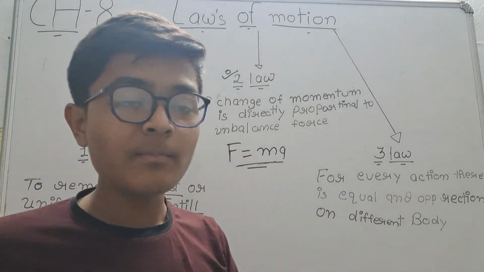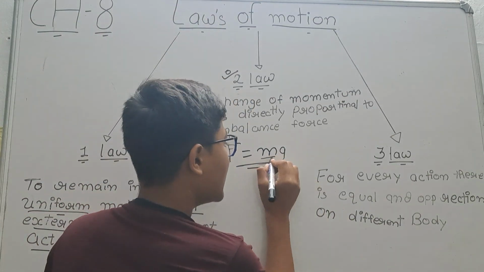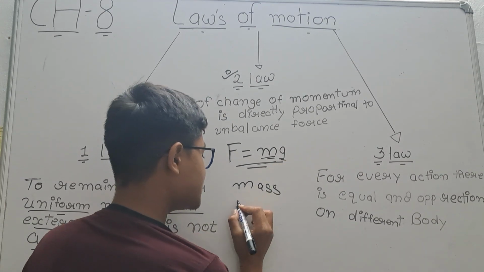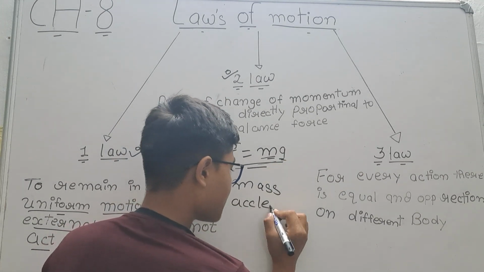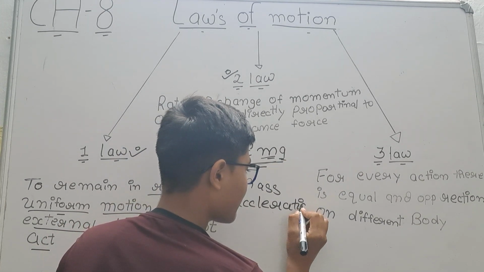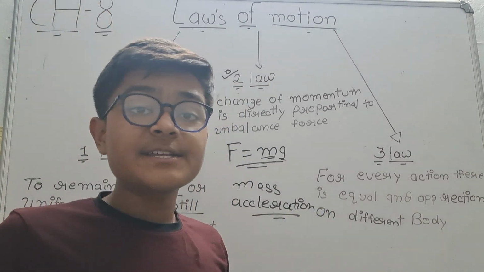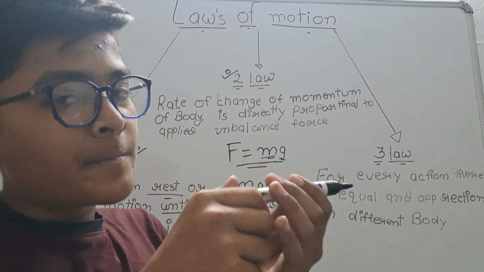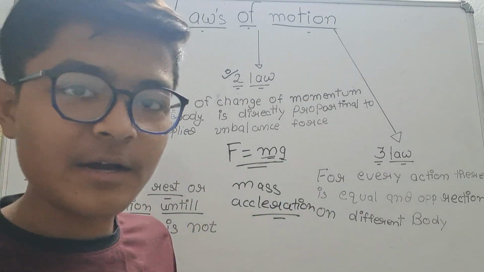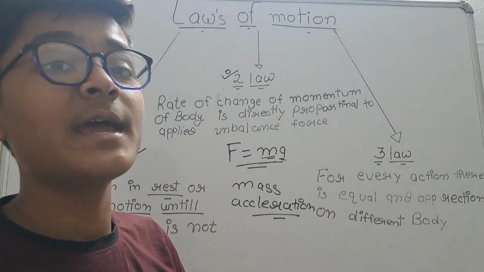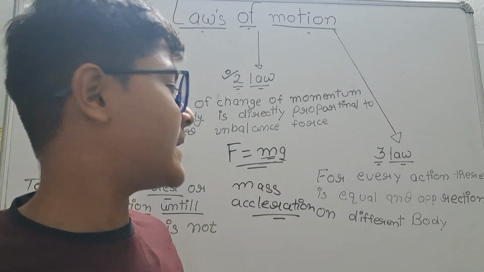F is equal to ma. Here m means mass and a means acceleration. When you are firing a gun, a bullet comes out of the gun with higher velocity, and it's changing direction.